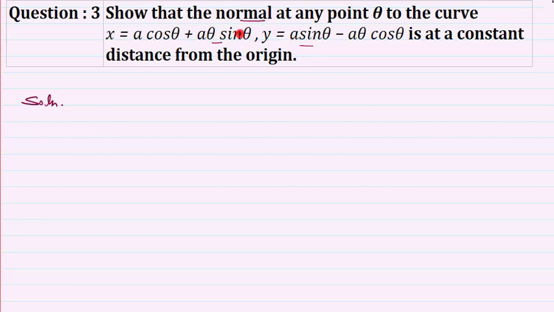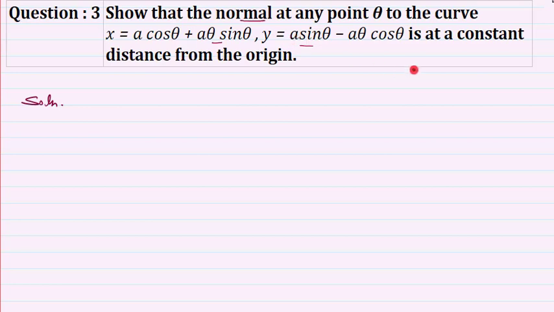After calculating dy upon dx, we have the slope of the tangent, and you know very well that the slope of the tangent gives us the slope of the normal very easily by taking its negative reciprocal.